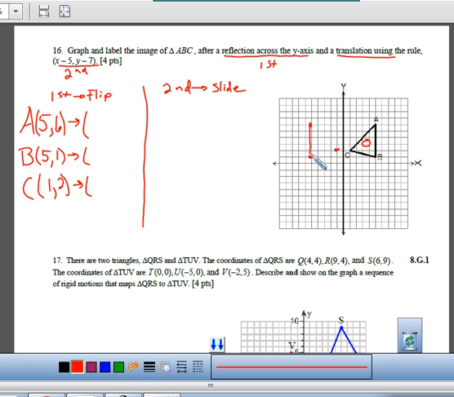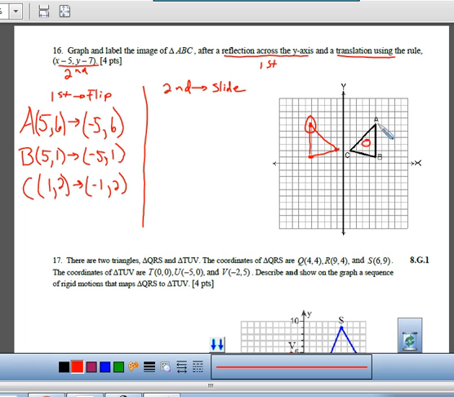Alright, so this is what it looks like. Now when you reflect across the y-axis, y stays the same and x becomes the opposite. So this is negative 5, 6, negative 5, 1, and negative 1, 2. And that fits all these points.